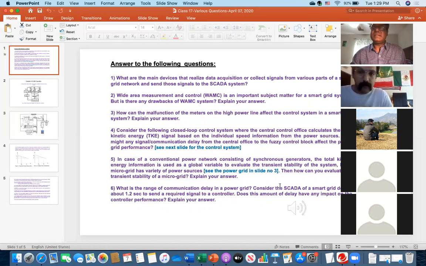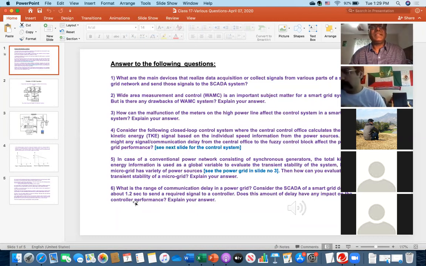Now consider the SCADA of a smart grid that delays about 1.2 seconds to send a required signal to a controller. Does this amount of delay have any impact on the controller performance? Yes, this is a huge delay. Before the exam, in the previous class, I showed you a result from one of my simulation cases: if the delay goes beyond 500 milliseconds, the system fully collapses.